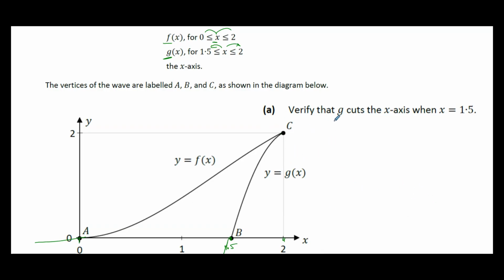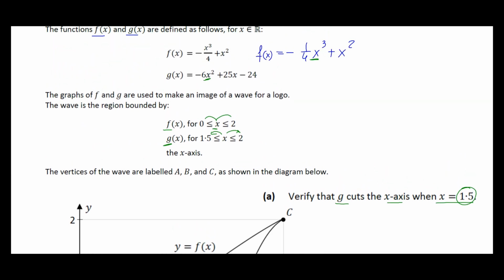The first thing we have to do is verify that g, this function, cuts the x-axis at the point x equals 1.5. So what will happen when we put in x equals 1.5? The coordinates of that point will be 1.5 and 0, so we should get 0 as the value of the function.